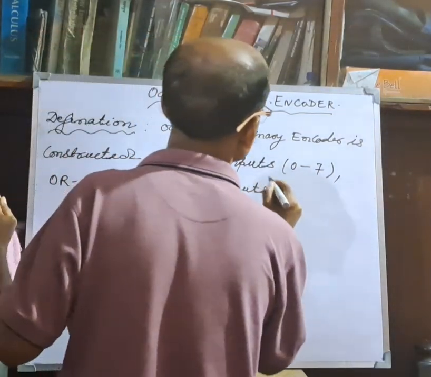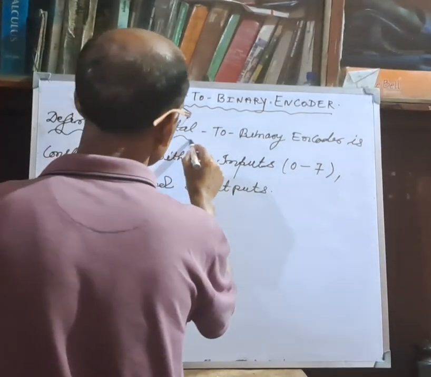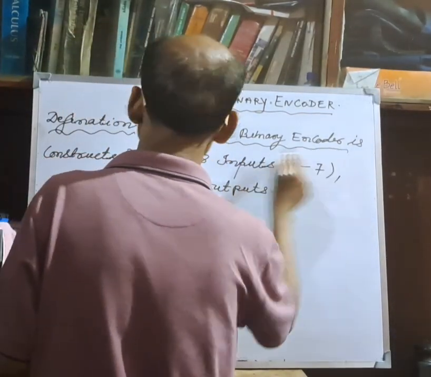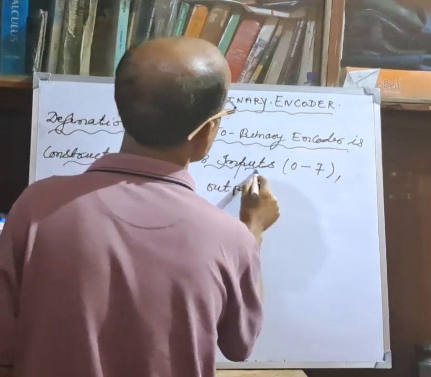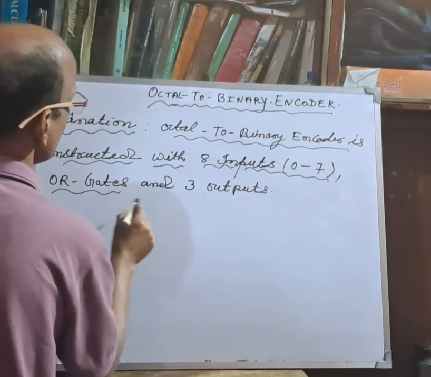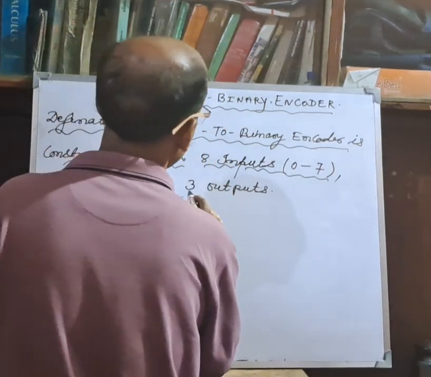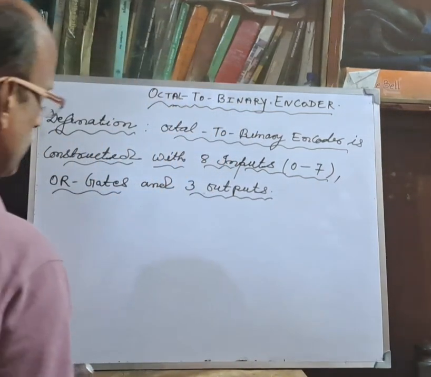Clear? Octal to binary encoder is constructed with 8 inputs 0 to 7, OR gates and 3 outputs. Clear? 3 outputs.